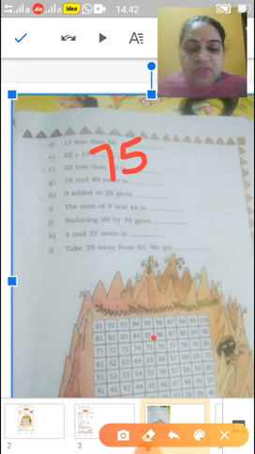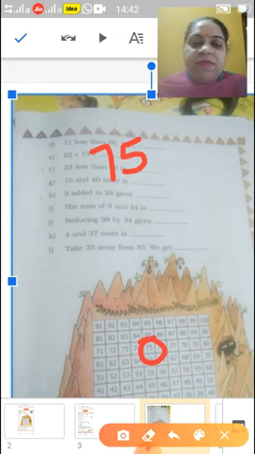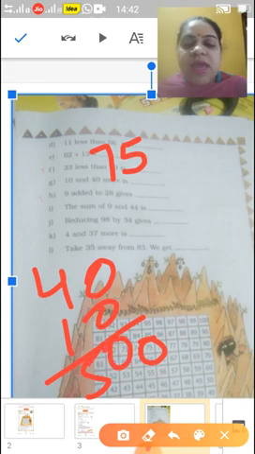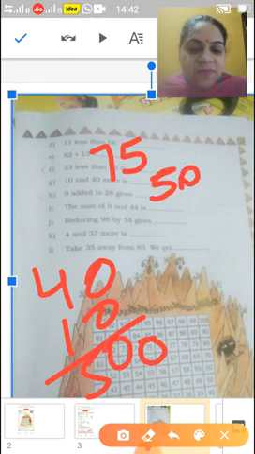So your next room is 75. 10 and 40 more is, what will come? If you add 40 more to 10, then what will come? Yes, 50. Very good. So your answer is 50. And your next room is 50.